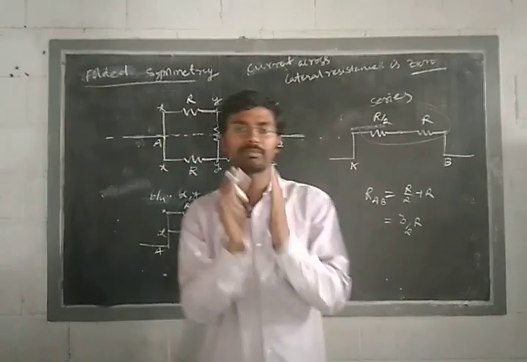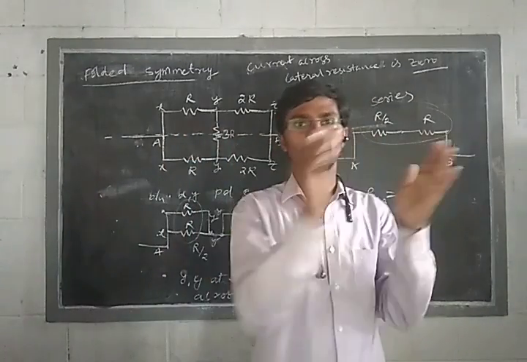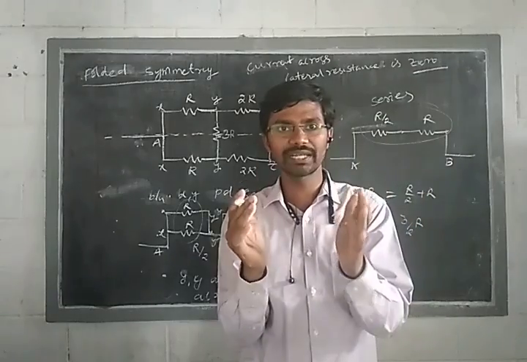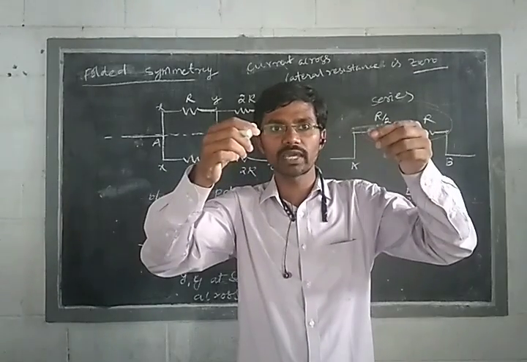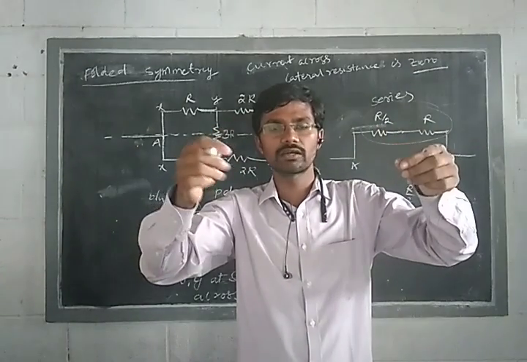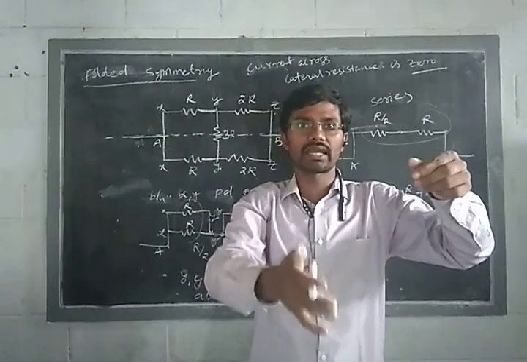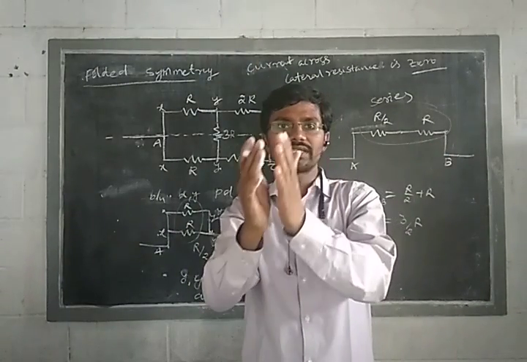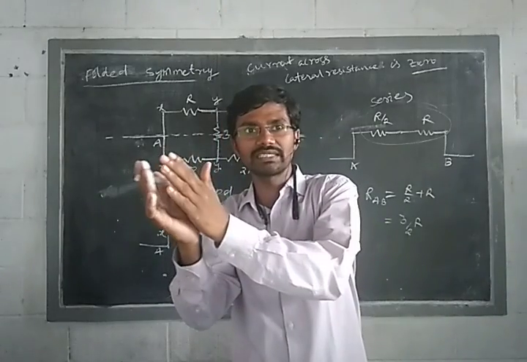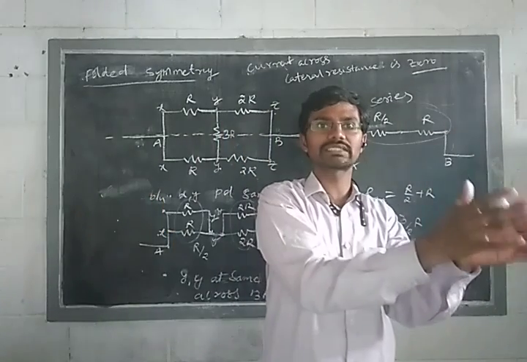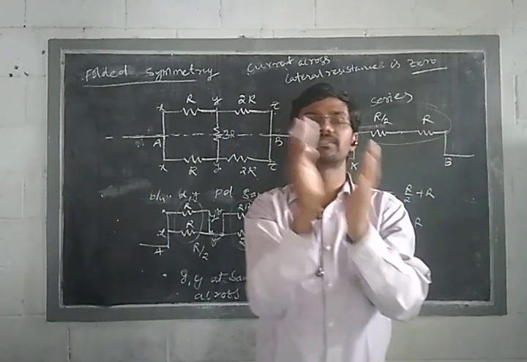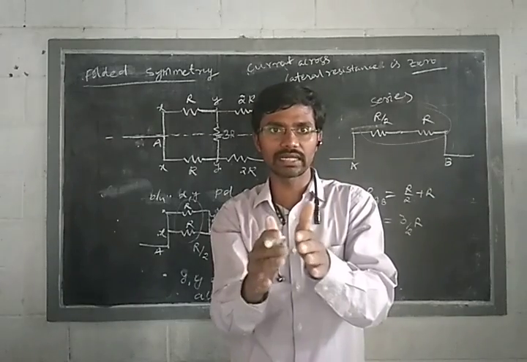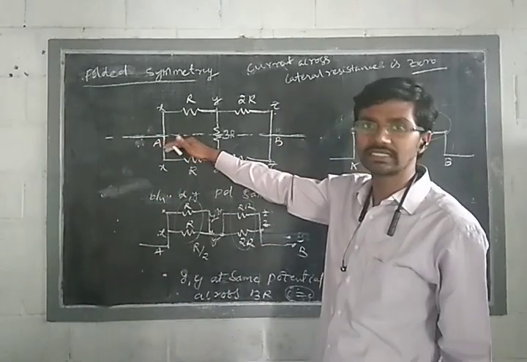Please differentiate between mirror symmetry and folded symmetry. Mirror symmetry: between the points where we are finding the resistance, you draw a perpendicular line exactly at the middle, and one half of the part is the image of the other half. Then it is mirror symmetry. If it is not like that, then we have to go for folded symmetry.